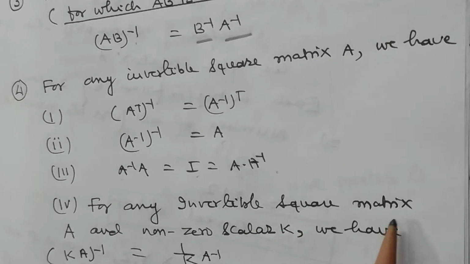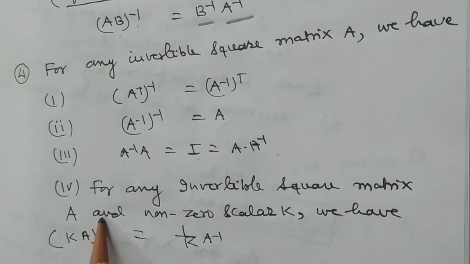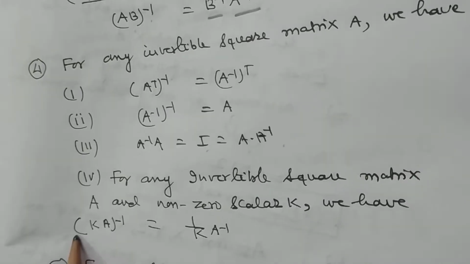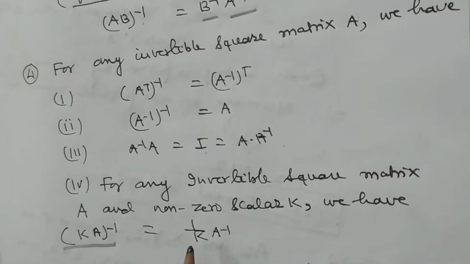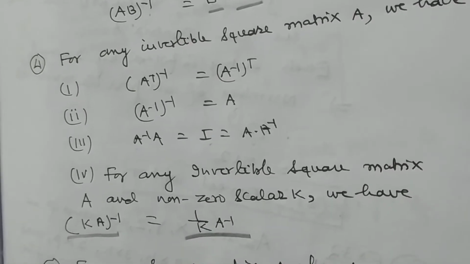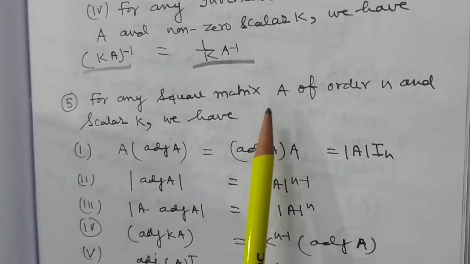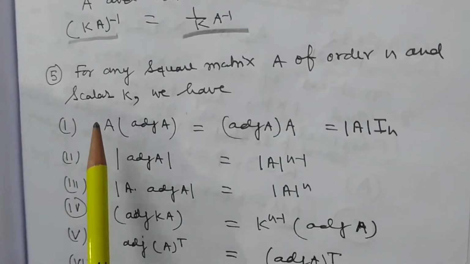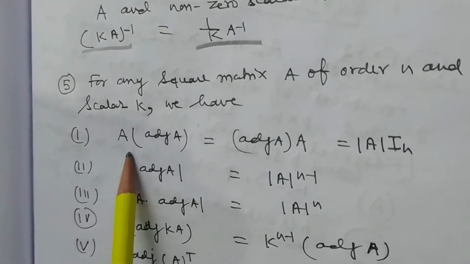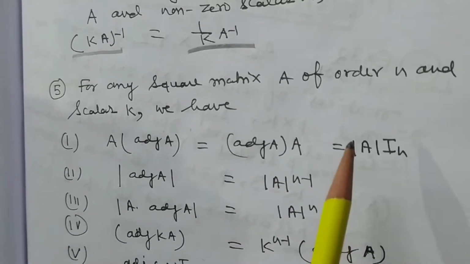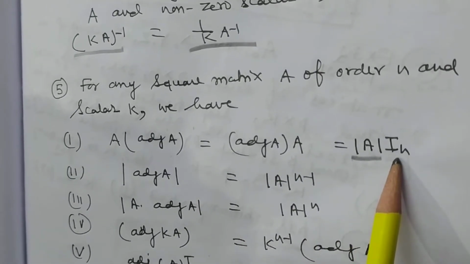For any invertible square matrix A and non-zero scalar K, we have KA to the power minus 1 is equal to 1 by K A inverse. For any square matrix A of order n and scalar K, we have A into adjoint A is equal to adjoint A into A, which is equal to determinant A into In.